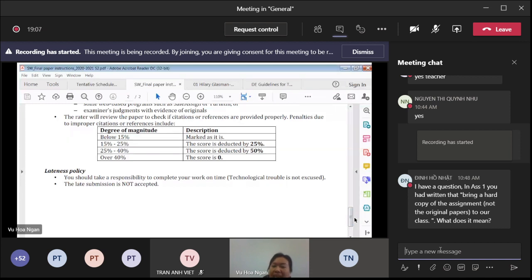So please mark the deadline on your calendar so you don't miss it. It happened in the previous semester that some students had problems, like with technology or whatever. But the thing is, you know everything beforehand. You have time to prepare and time to develop that. So please don't wait until the last minute to do everything, right?